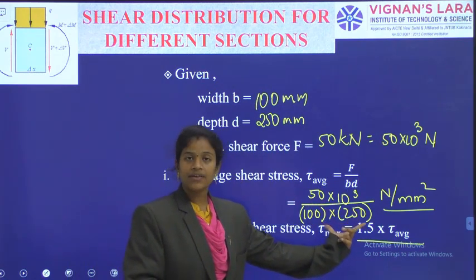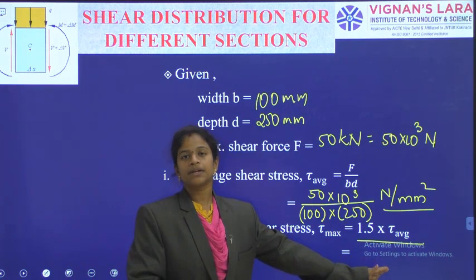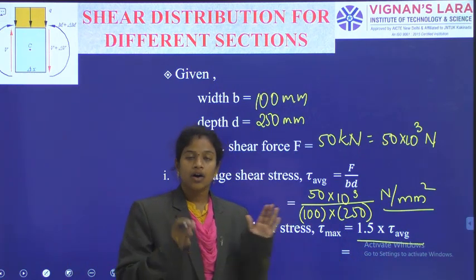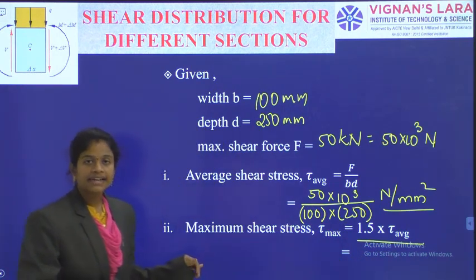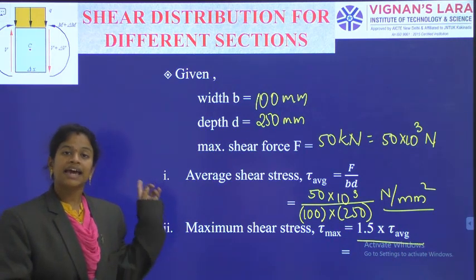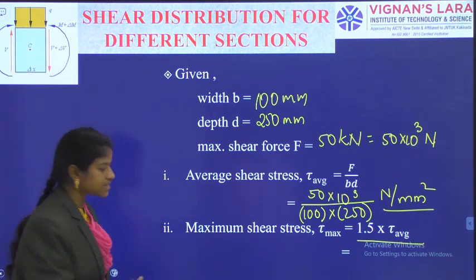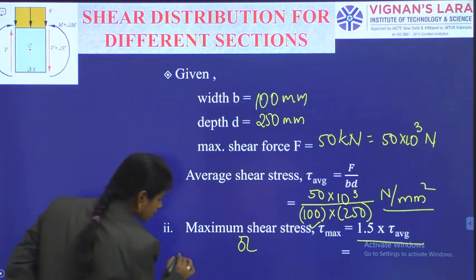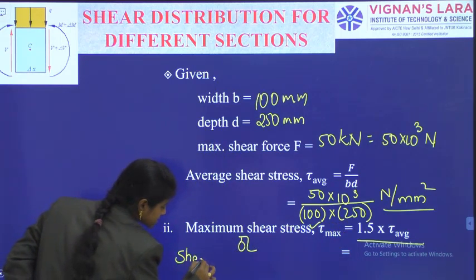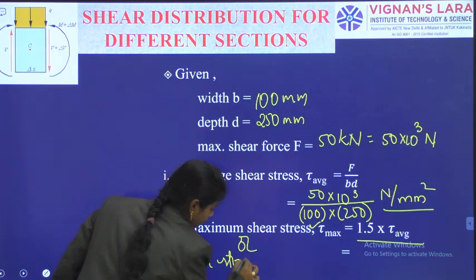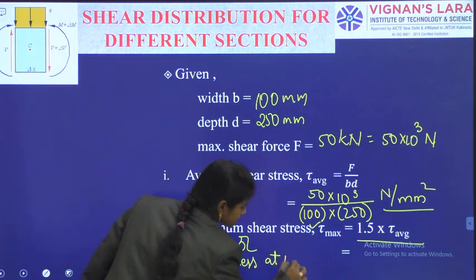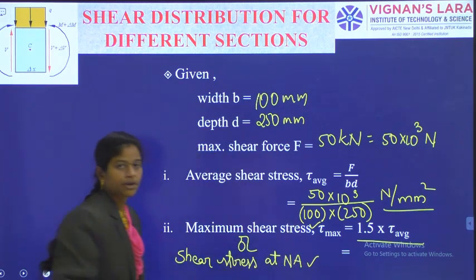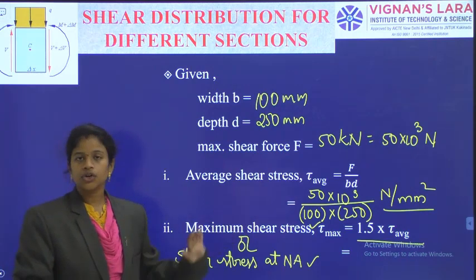So after knowing the value of average shear stress, you can multiply by 1.5, or otherwise calculate the shear stress at the neutral axis. Both are the same because the maximum shear stress is at the neutral axis level only.